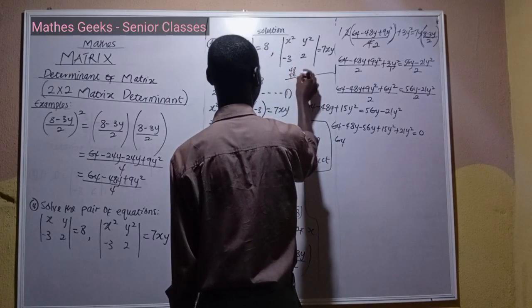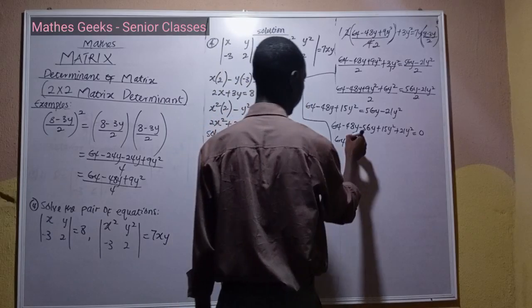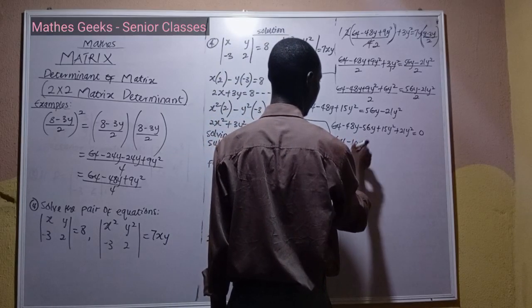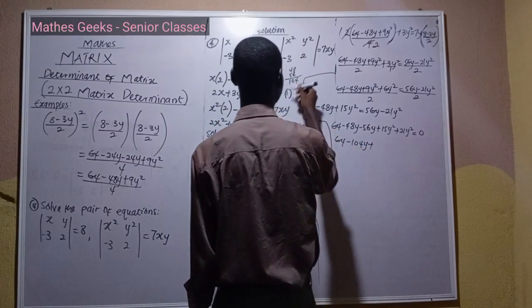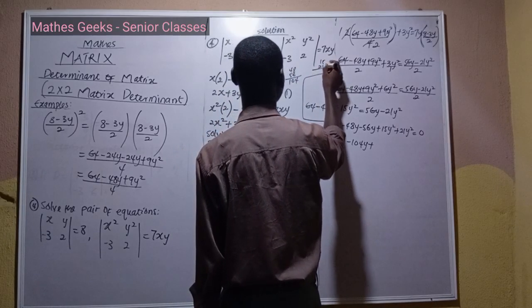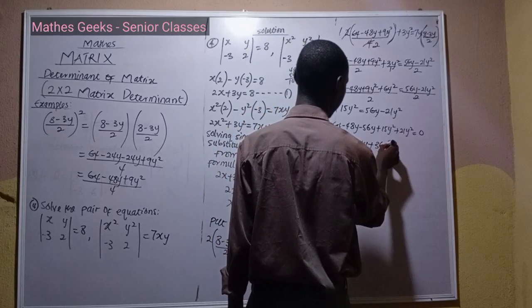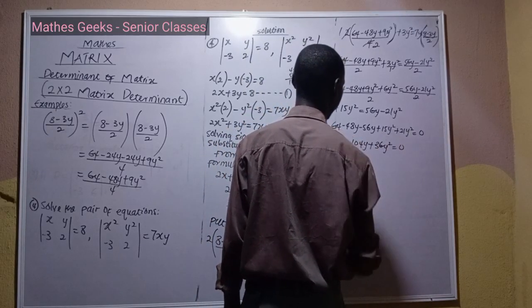64 minus 48 minus 56 gives 104, so 104 minus 104y plus 36y squared equals to 0.